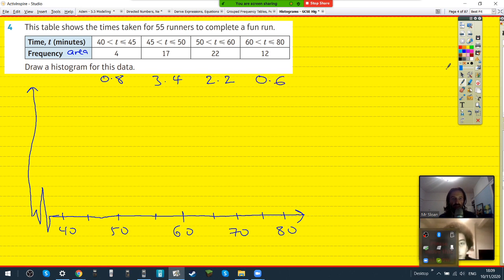Let's say this goes up to 3.4 and they go up in 0.4.